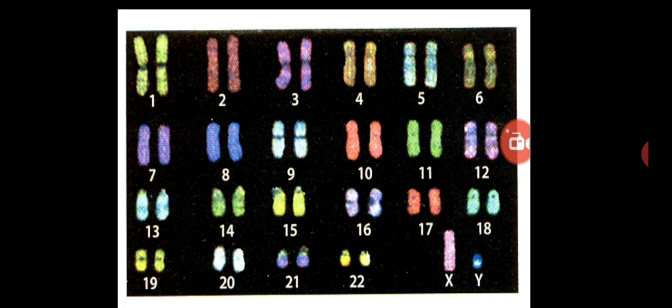Haploid gametes have one basic set of chromosomes that is known as the genome. The genome is denoted by capital N. N equals 7 in Pisum sativum. That means only one basic set, that is 7 chromosomes.